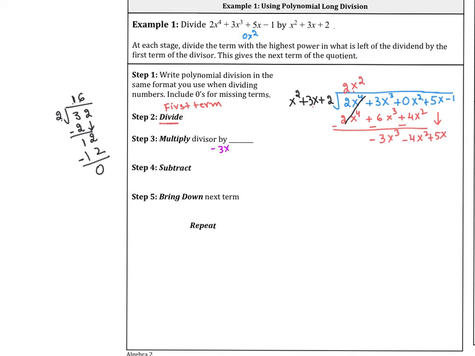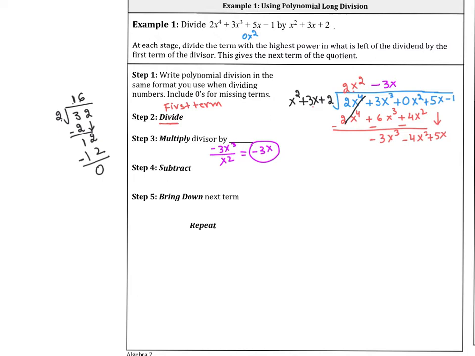Negative 3x cubed divided by x squared gives you negative 3x. So it means that the number we should multiply next is negative 3x. And when you multiply this negative 3x with this polynomial, the result goes here underneath this one.